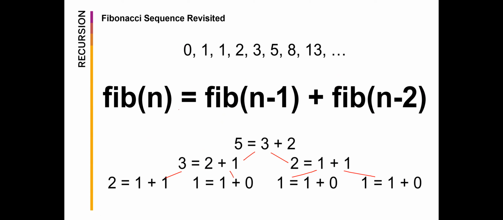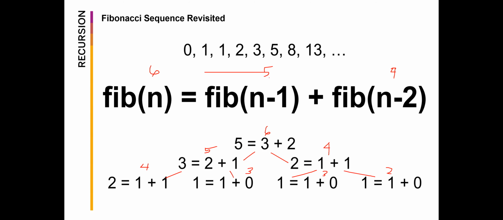If we say Fibonacci 6, it will actually call for Fibonacci 5 and Fibonacci 4. So if this is 6, this is 5 and this is 4. For 5, we have Fibonacci 4 and Fibonacci 3, since 5 minus 2 is 3. And for 4, we have 3 and 2.